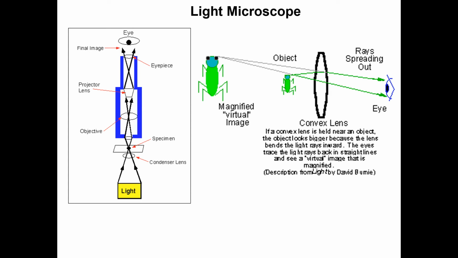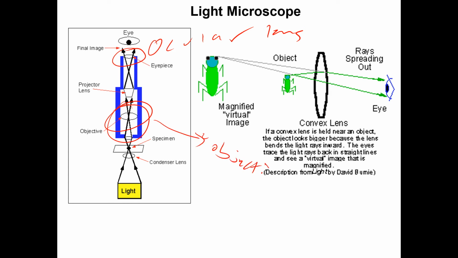When you're looking at your microscope, in terms of a light microscope, you have two sets of lenses. You have a lens here that we call the ocular lens, and here you have something that we call the objective lens.